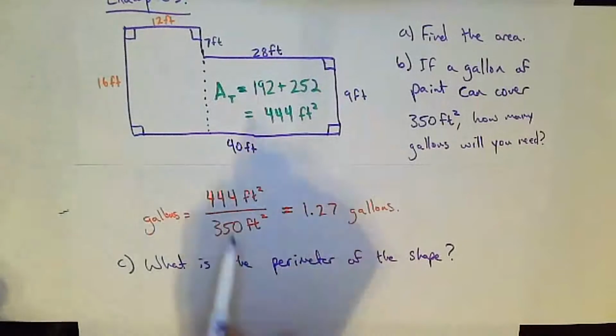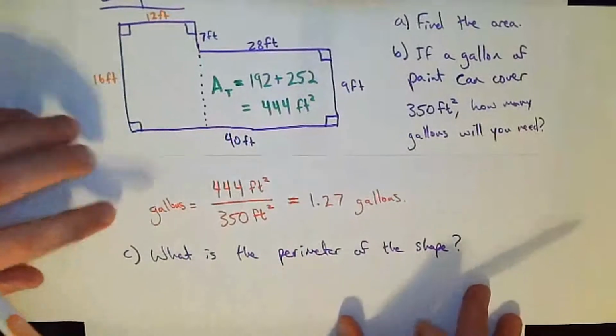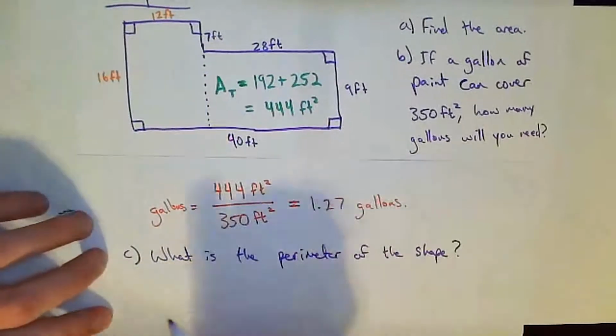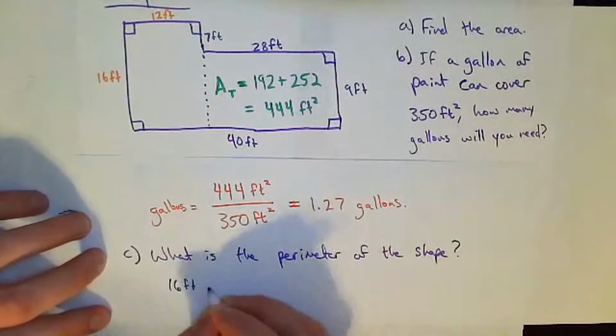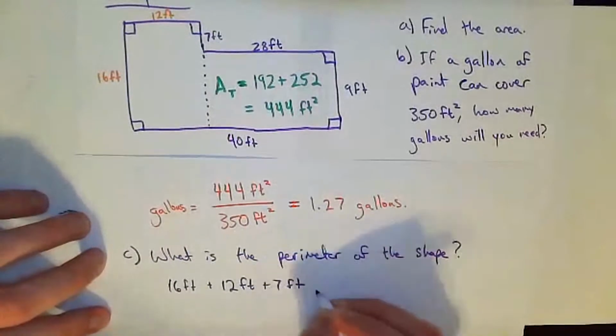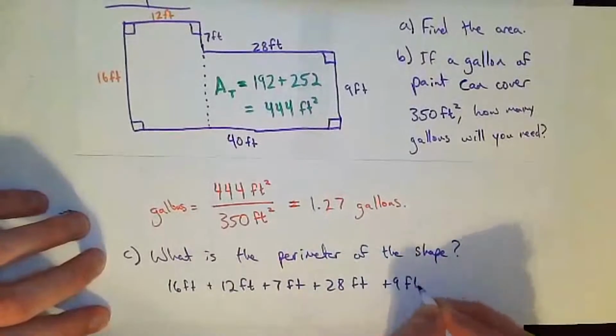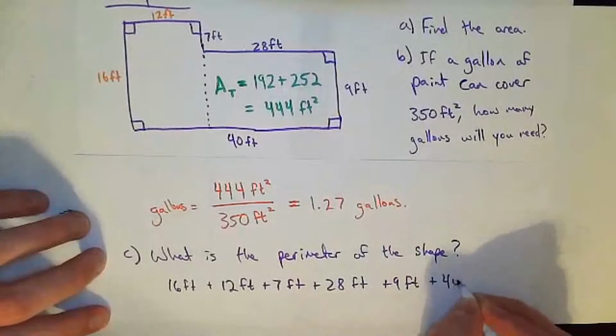Well, because if I want the perimeter, I need to add up all of the sides outside. So I'm going to say, starting from here and going clockwise, 16 plus 12, don't forget that little 7 there, plus 28 feet, plus 9 feet, plus 40 feet.